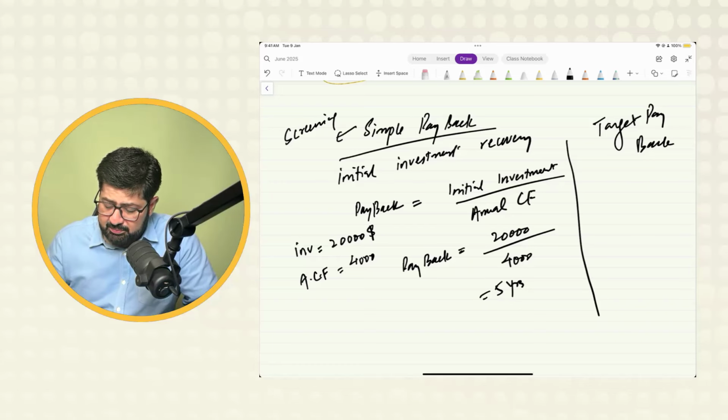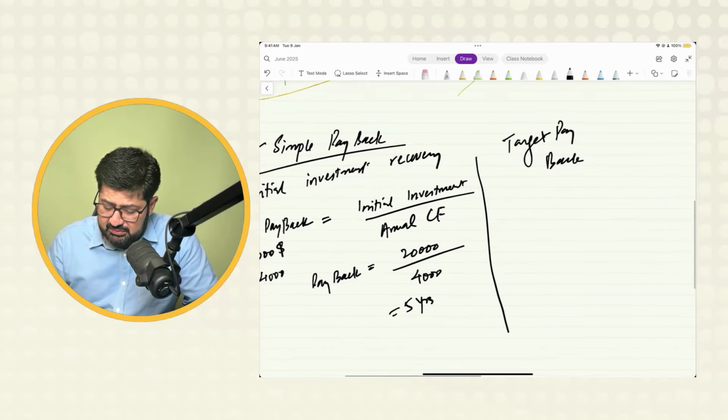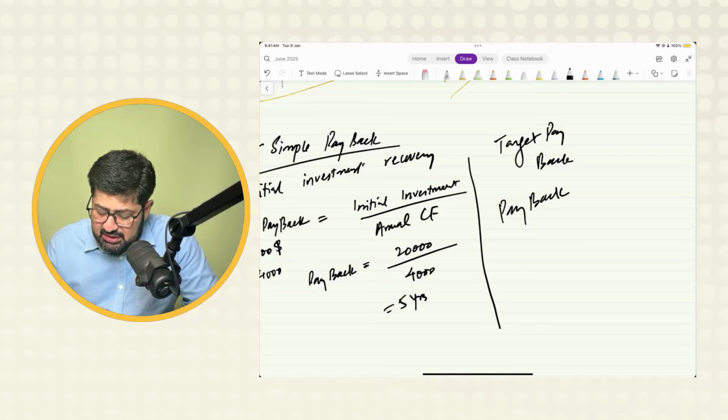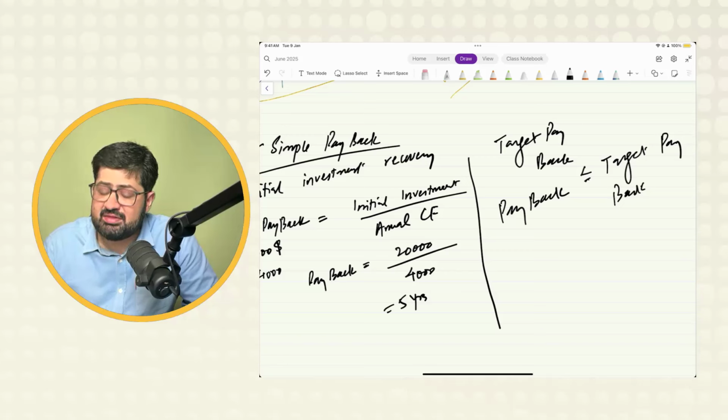So if the payback of a project is equal to or less than the target payback, we say accept the project.